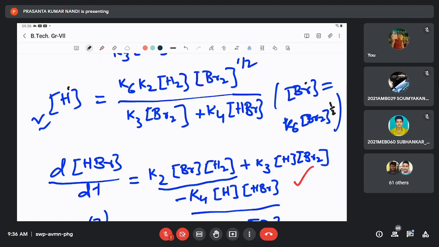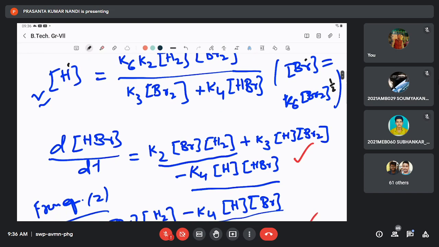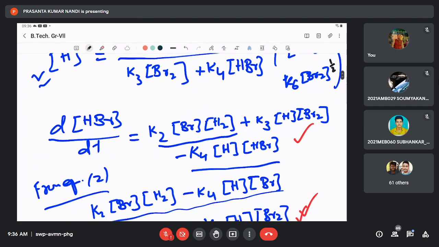So that you have written. This is the overall rate of formation of HBr. Now since we have the hydrogen free radical concentration and bromine free radical concentration, the intermediate species that we have obtained in terms of stable species, we put them in this equation.